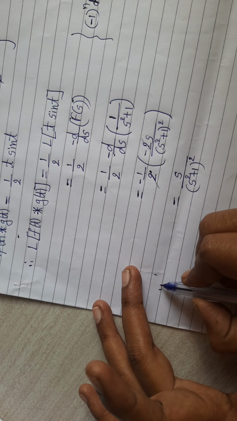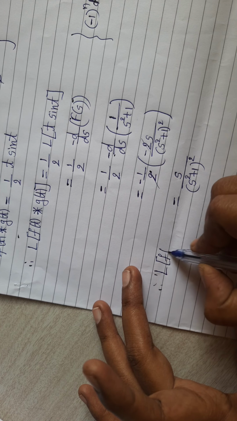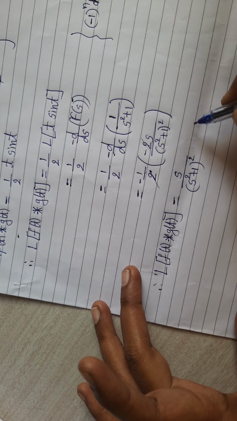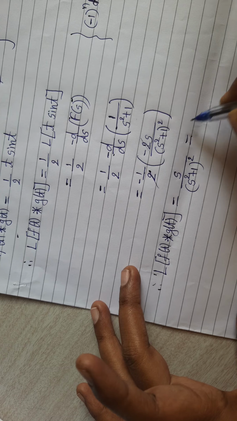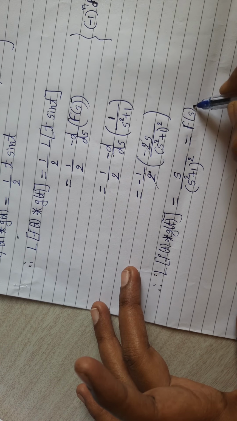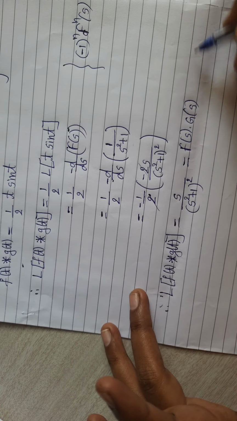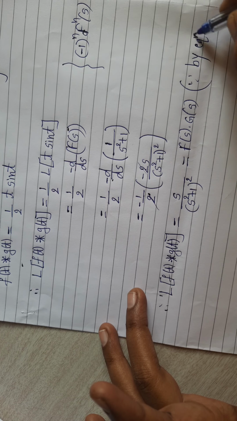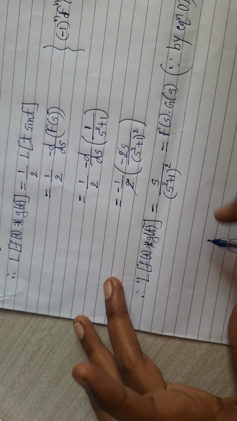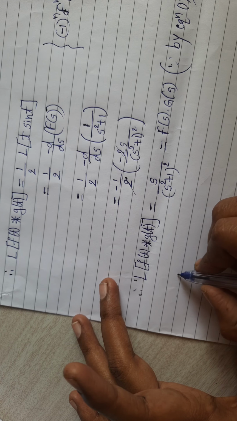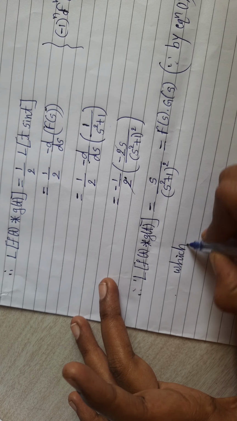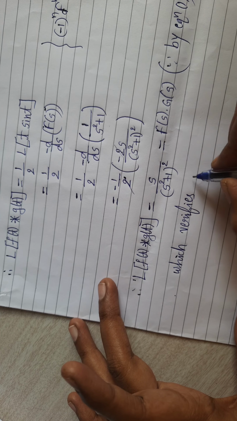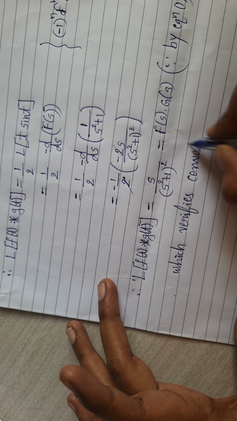This is what we are getting for L of f of t star g of t, and this is the same as equation 1, that is f of s into g of s, which verifies the convolution theorem.